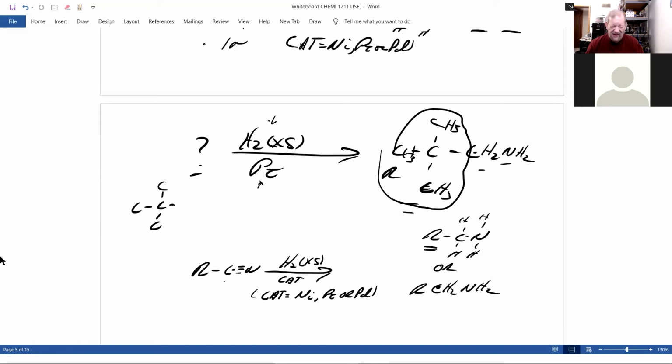And then I'll have this carbon, this nitrogen. And I know there are 4 bonds to carbon. And if we take this molecule and do this reaction, you'll get that product. And that's how you do it.